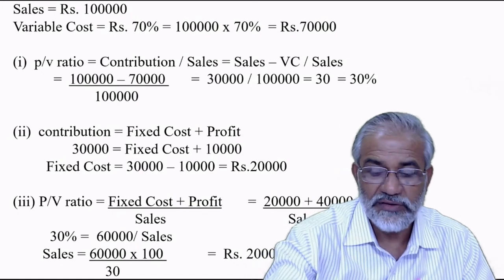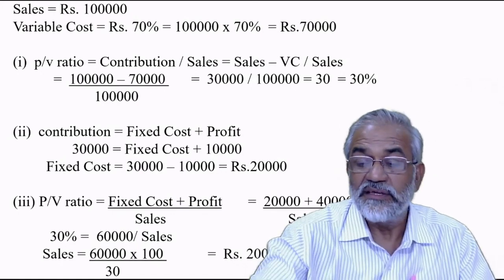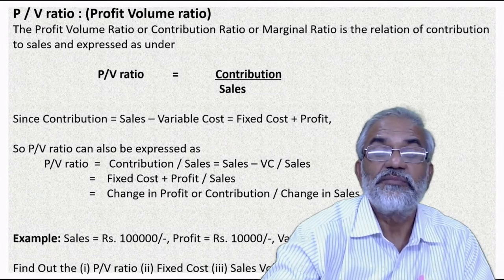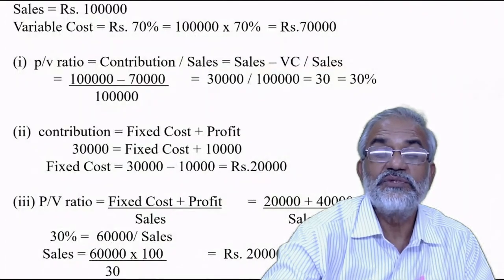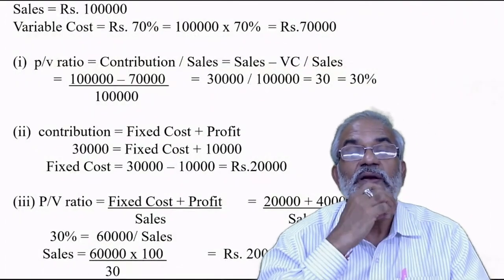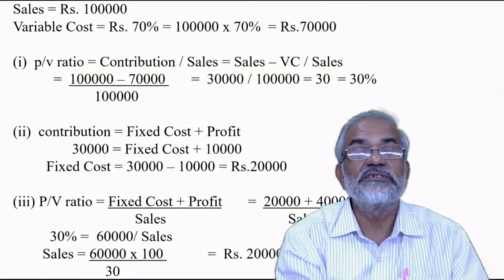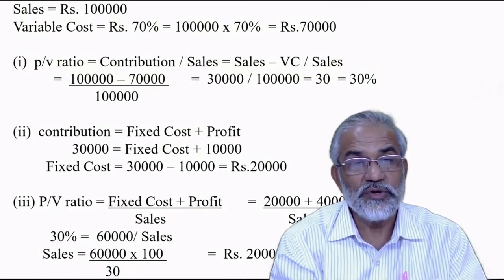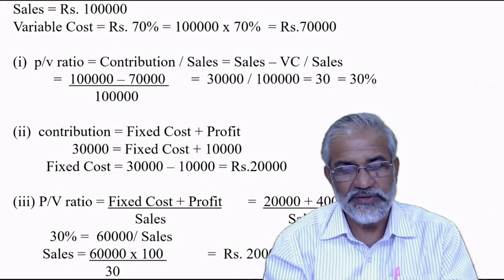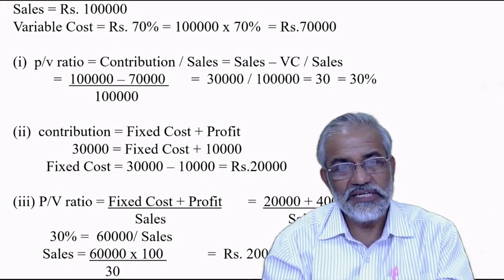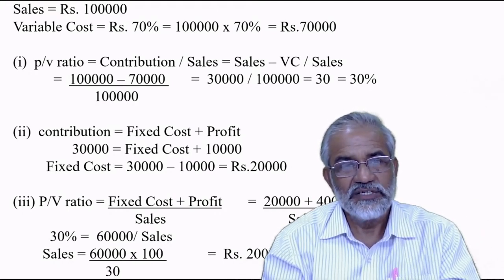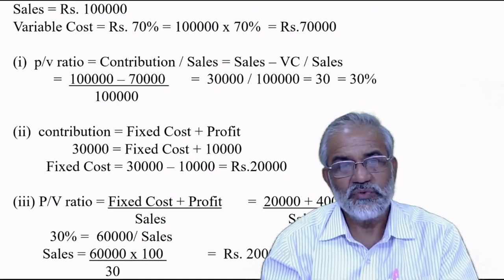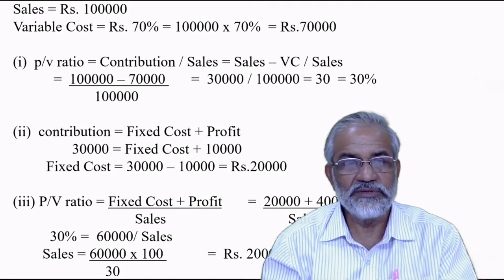If you refer to the earlier part, the profit is given to be 10,000, sales is given to be 1 lakh, and the variable cost is given to be 70,000. So for determination of the fixed cost, we can put the equation contribution is equal to fixed cost plus profit. We have the figure of profit in hand, and we have the contribution determined in the first stage. So for determination of the fixed cost, the equation is 30,000 minus 10,000. So 20,000 became the fixed cost.